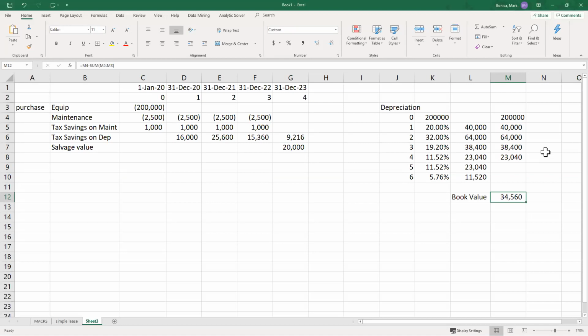So if you have something that the IRS believes is worth $34,000 and you sell it for $20,000, do you have a tax gain or a tax loss? According to the IRS, have you just made money or lost money?